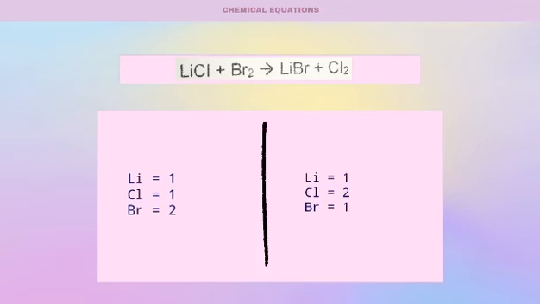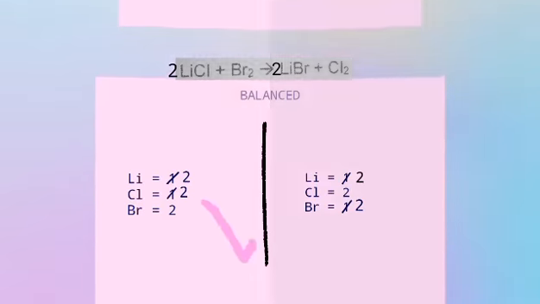To balance the equation, I will need to add coefficient 2 so that there are 2 lithium atoms on each side of the equation. However, subscripts cannot be changed and will always multiply by the coefficient, which means there are now 2 bromine atoms on the right side of the equation, but also 2 chlorine atoms under the left side of the equation as we multiply the coefficient 2 by 1 chlorine atom. So the number of atoms in each element is the same on both sides of the equation, so it is now balanced.